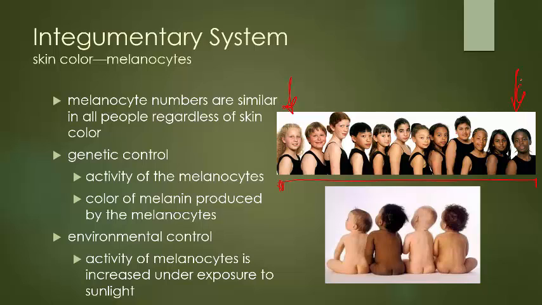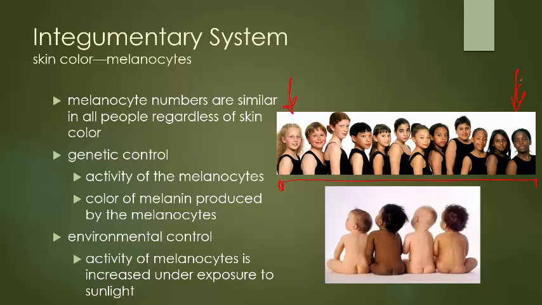The activity of the melanocytes is under genetic control, and so it's the genes that determine how active our melanocytes are going to be. The genes also determine what color of melanin we produce. Melanin has a range of colors from a really dark brown, almost black color, to a very light, pale, kind of reddish or yellowy color.